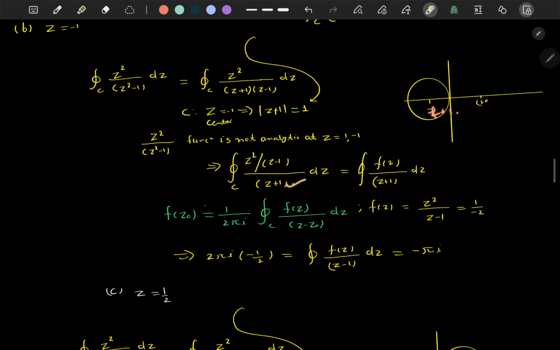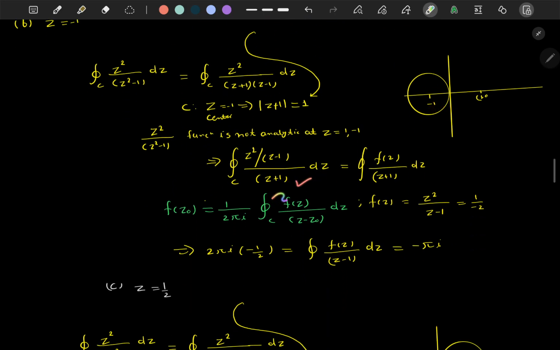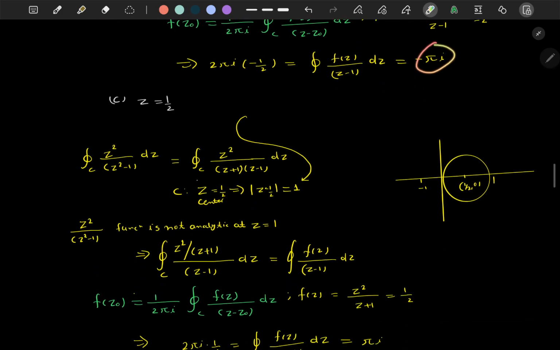So that's how you will approach the question. So z plus 1 will be the denominator and this function will be f of z. Simply 2 pi iota into f of minus 1. So f of minus 1 will be minus 1 by 2. So it will be minus pi iota as the answer.